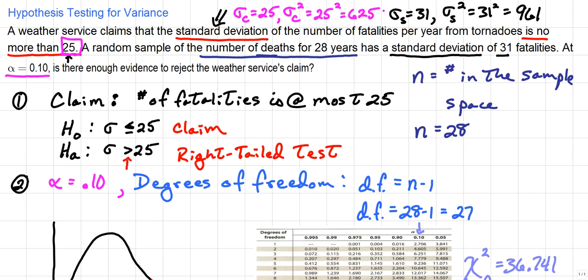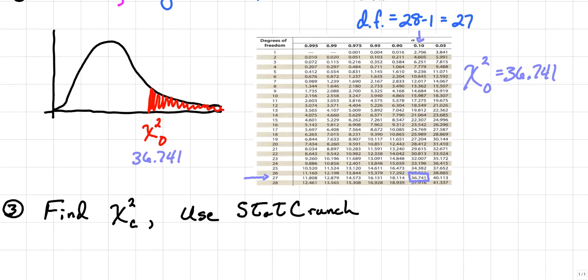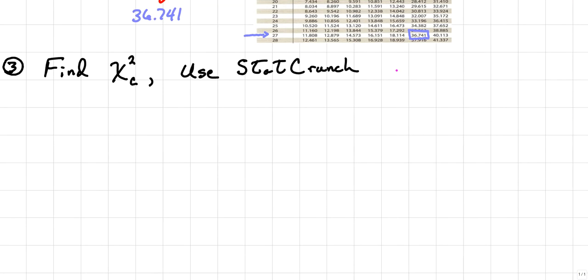Well, now that we know this, we're going to go ahead and use StatCrunch. Remembering that we have a variance for the claim equal to 625, and then we have the variance for the sample, and that's going to be equal to 961. And keeping in mind that n is equal to 28, and that's going to be important.